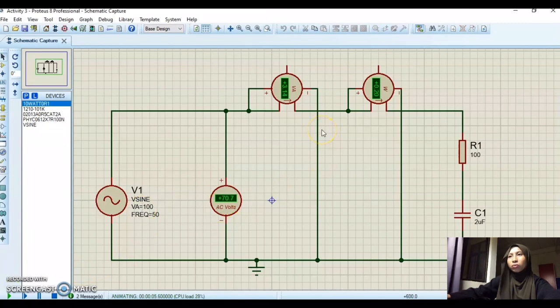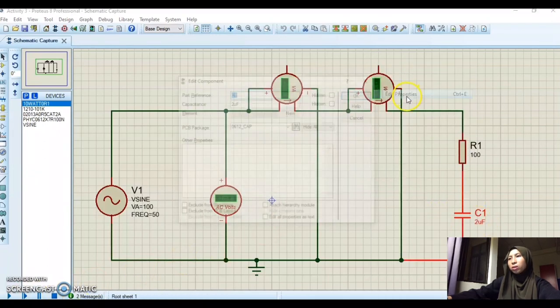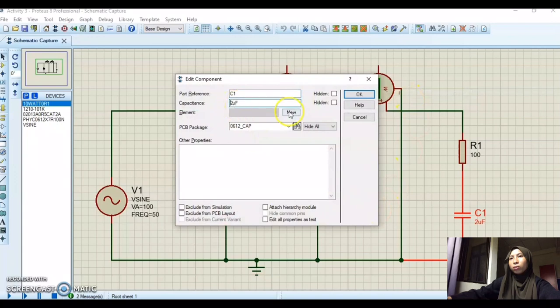After we run, we look at the wattmeter result, which is VA of 3.14 and wattmeter of 0.20. Next, we change the value of capacitance to 4 microfarad.